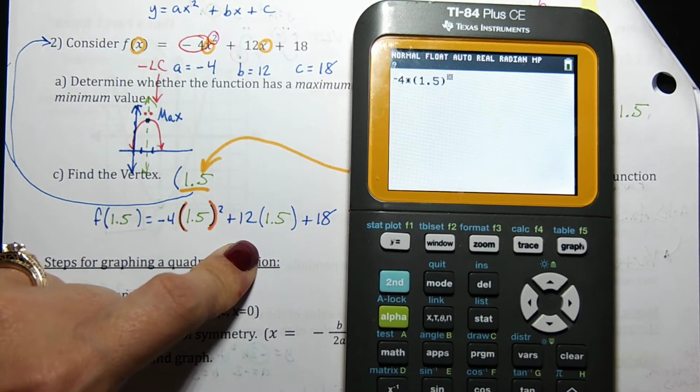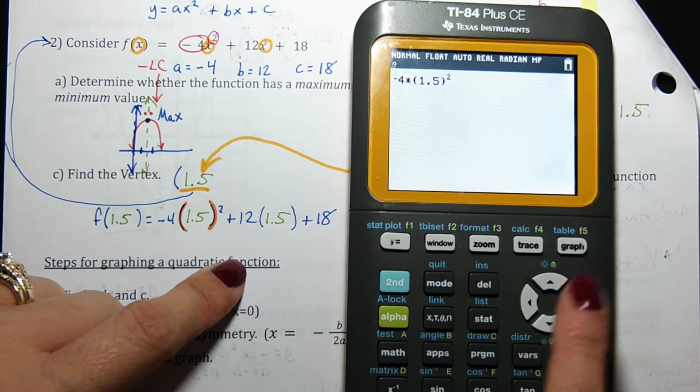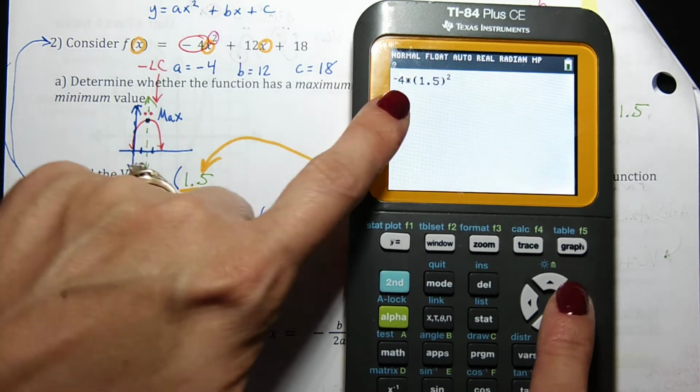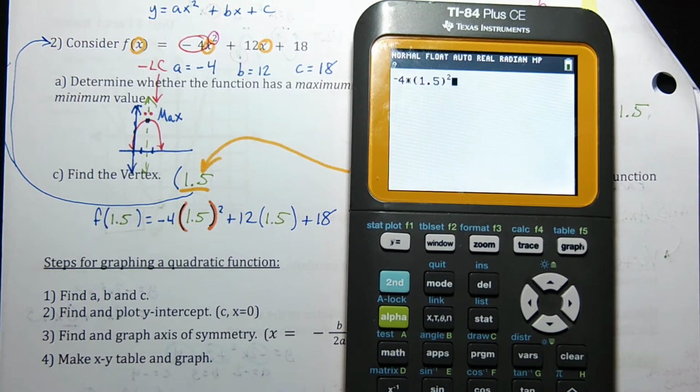So caret button 2, and then arrow over to the right, hit your right arrow to escape the exponent and go to ground level. Then plus 12 times 1.5 plus 18. And I hit enter, and we get 27.